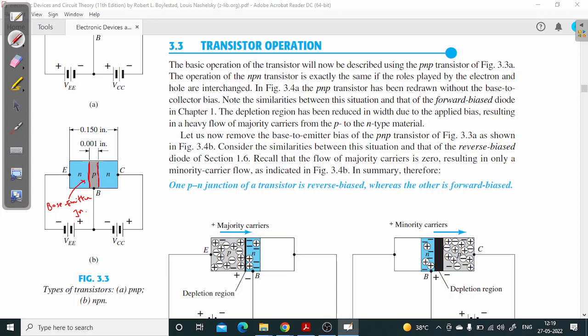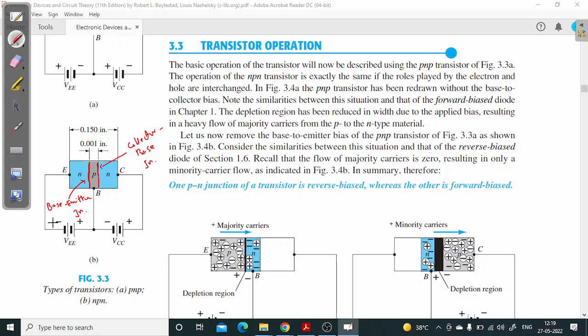This is the second PN junction, so we may call this the collector base junction, or CB junction, C for collector, B for base. Okay. And similarly this can be base emitter or emitter base, BE junction or EB junction, right?